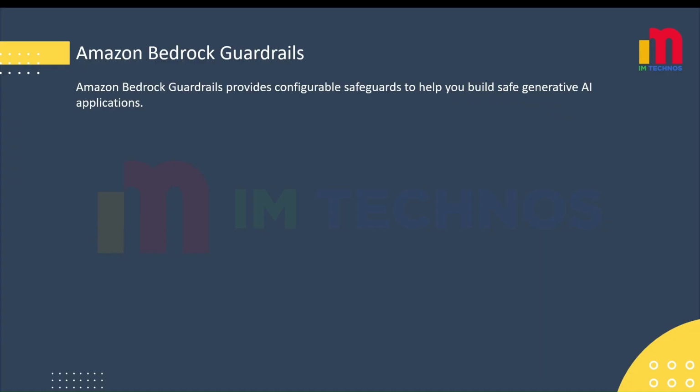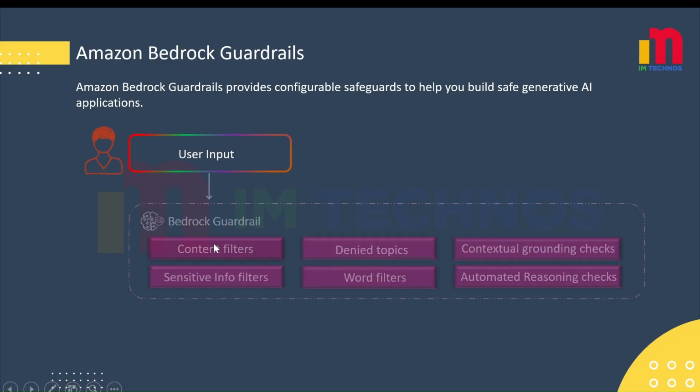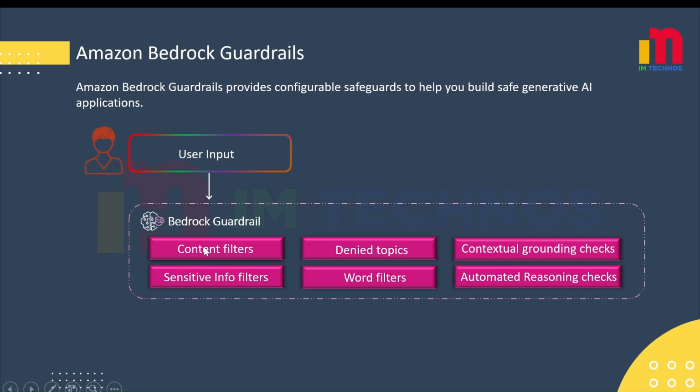Now, let's understand how guardrail works. First, a user sends a prompt. This could be a completely normal question, or it could be something harmful, restricted, or against business policy. Before that prompt even reaches the foundation model, the guardrail evaluates the input first. It checks, is the prompt harmful? Is it a denied topic? Does it contain restricted words?